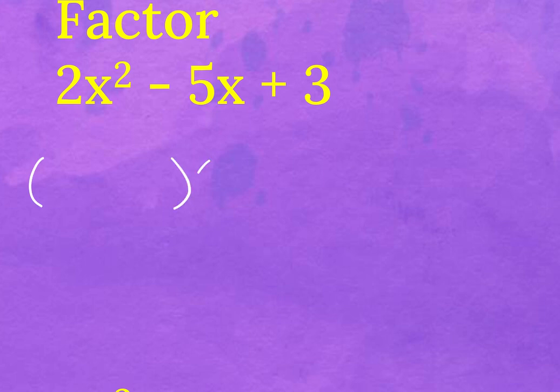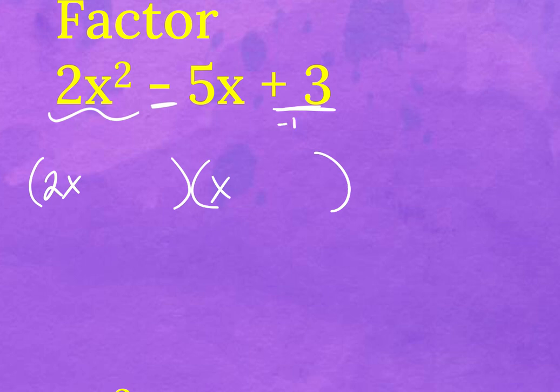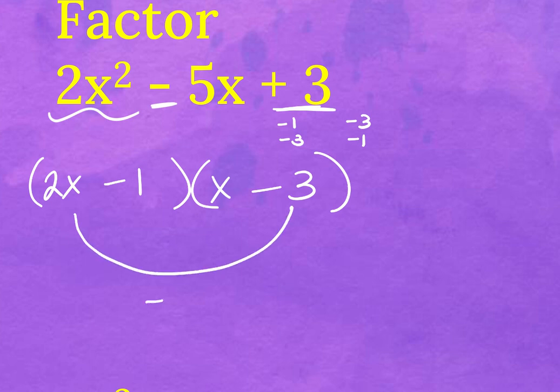So trial and error here, factors of 2x squared would be 2x and x. And then factors of 3, now keep in mind that they have to be the same sign, and this middle sign is negative. So that's going to be -1 and -3, or the reverse, -3 and -1. So if I do -1 and -3, and I multiply the outer 2, I get -6x, and the inner 2, -x.